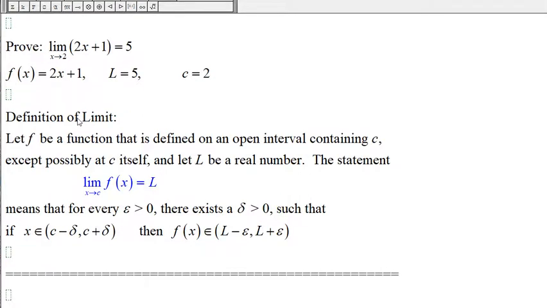And so here's what the definition of limit says.